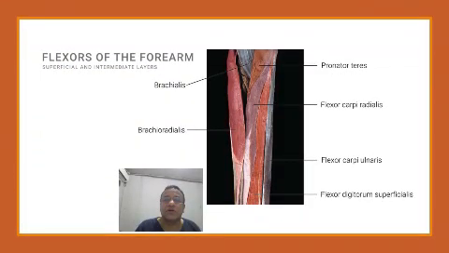Now in this picture we can see superficial dissection of the forearm. First muscle we see here is brachioradialis in red color. You can see it on the radial side. This muscle is from the arm. It's not a part of the flexor muscles of the forearm.